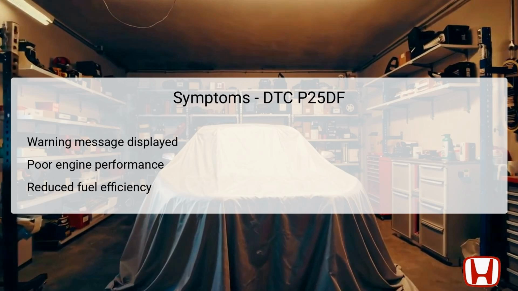This sluggishness is often a result of suboptimal timing of the engine's valves. Another common symptom is reduced fuel efficiency, as the engine may not operate as efficiently due to the timing issues presented by the malfunctioning VTC system. Recognizing these symptoms early can help mitigate further damage and facilitate timely repairs.